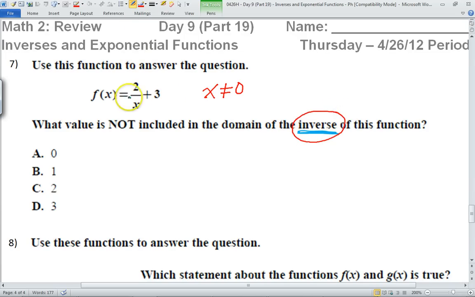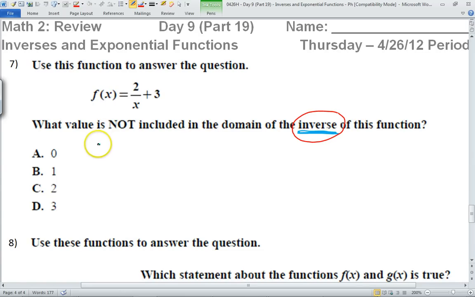So we need to find the inverse of this function and then ask ourselves what the domain restrictions are. So I'm going to go ahead and erase what I just did right here. Let's find the inverse. Remember, the way we find the inverse is we switch the x and the y, and then we solve for y. So please understand this f of x is basically the y.